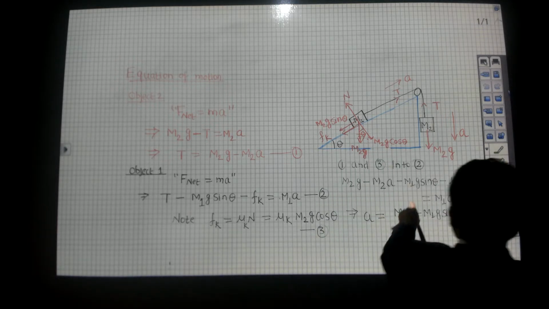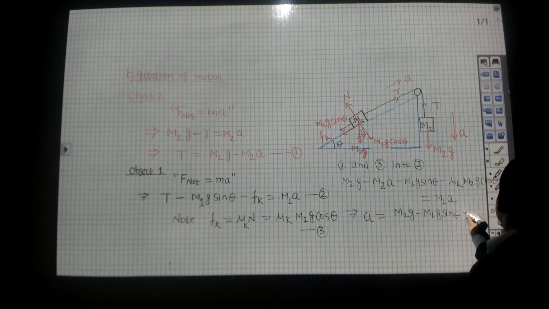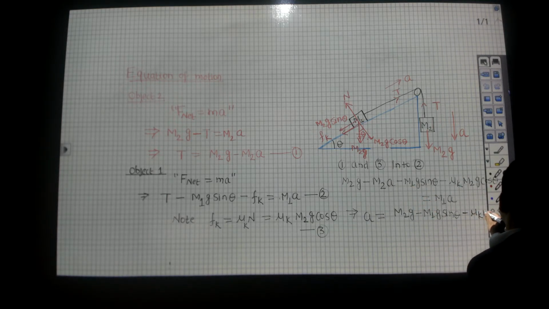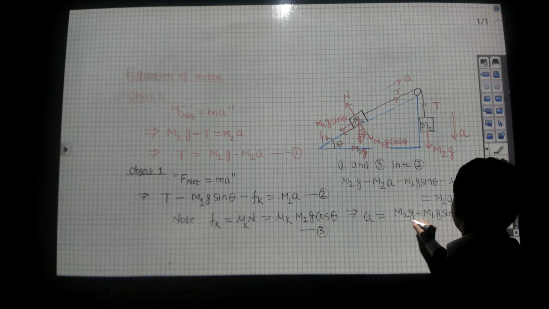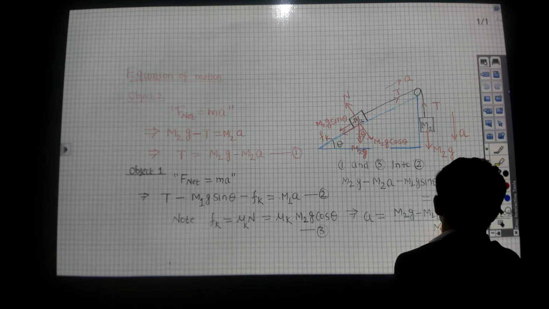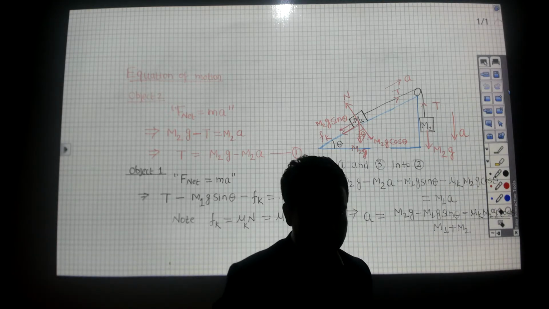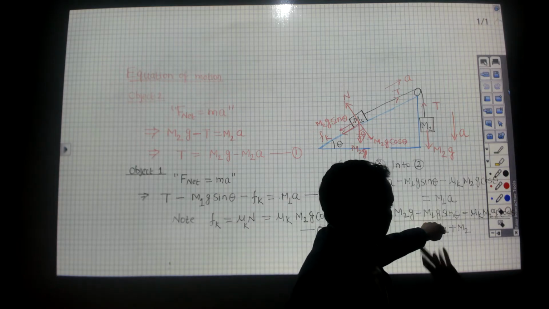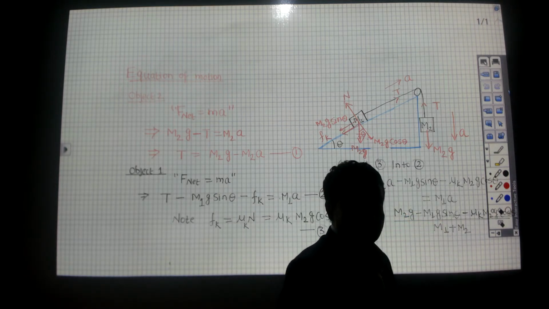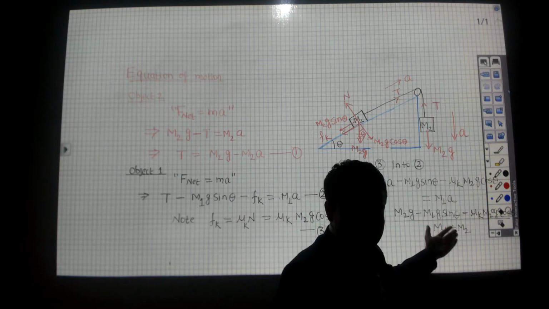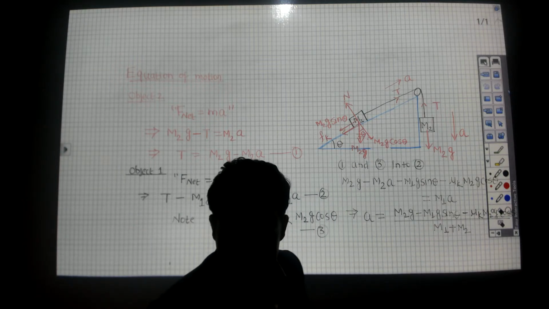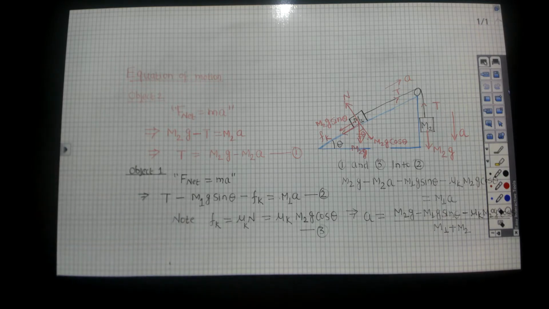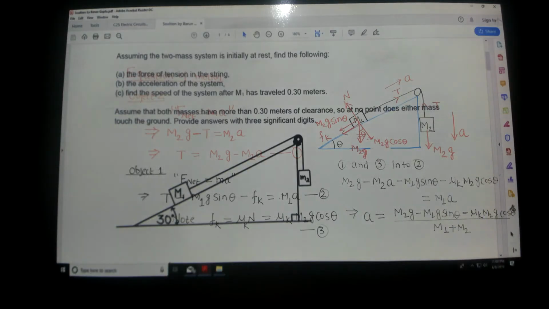I have m2g minus m1g sine theta minus mu k m2g cosine theta, and then I will have m1 plus m2. Okay, so now all the parameters, you know m1, you know m2, you know g, you know theta, everything we know here. All right, so what I'm going to do, I'm just plugging all the numbers here.